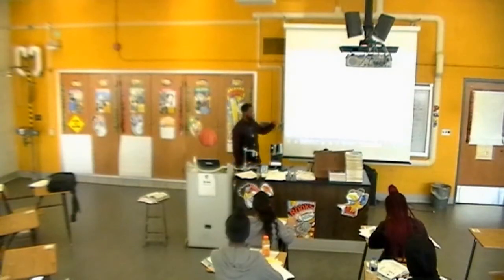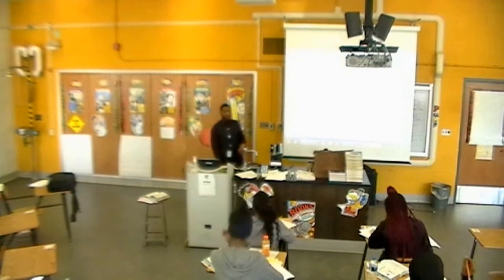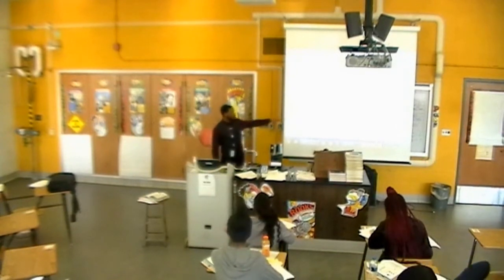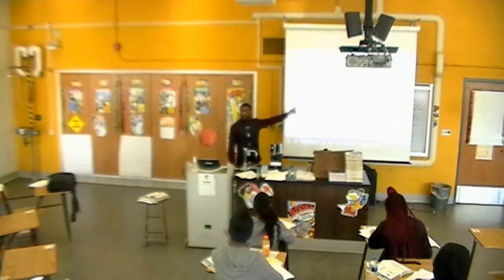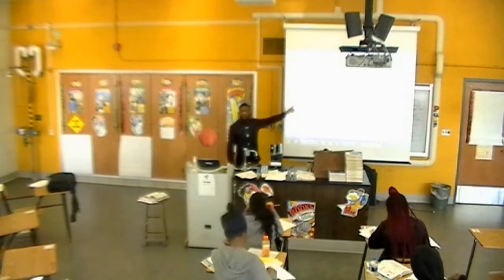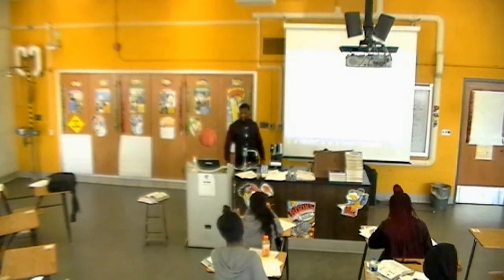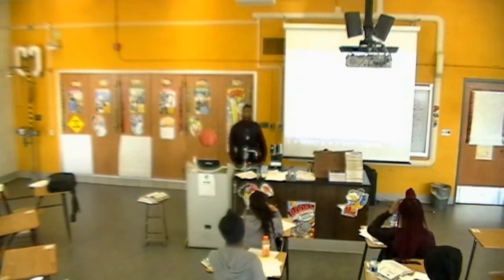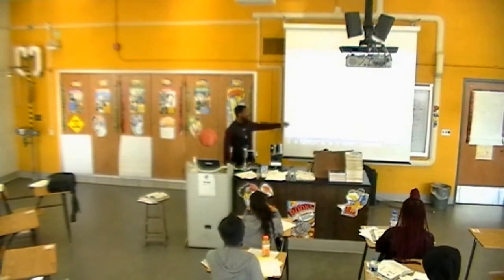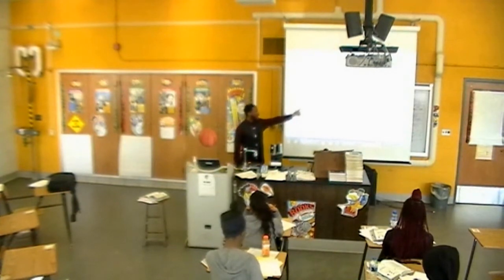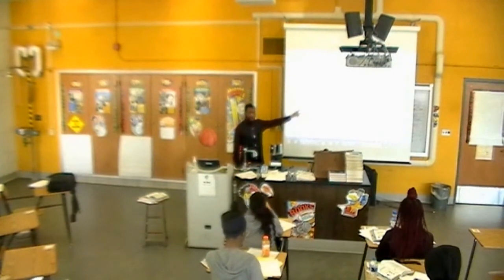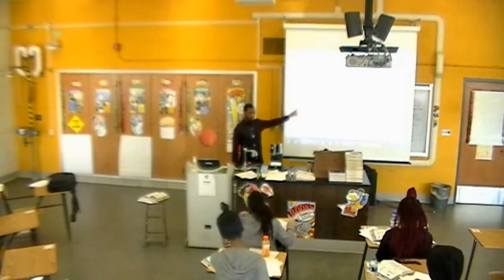So just recapping what we went over today, I just want to check for understanding. Okay, so what is a fact? A statement that can be proven. Okay, a statement that can be proven. That's what a fact is. Looking at your notes, how many types of facts are there?